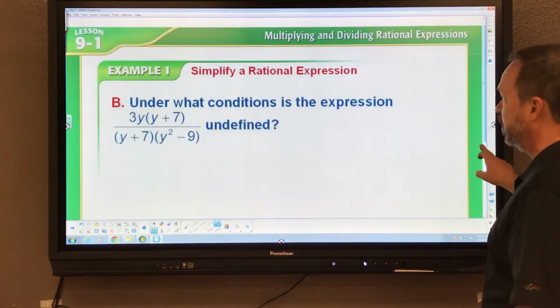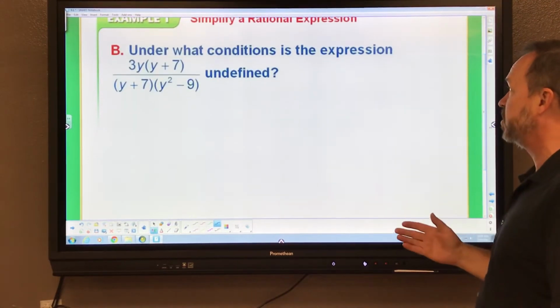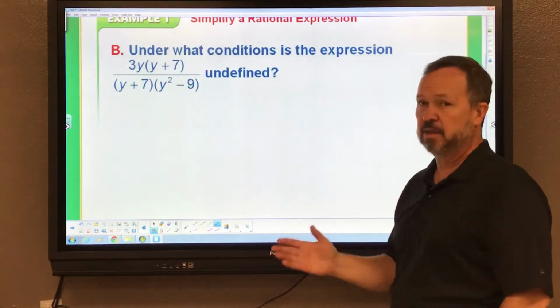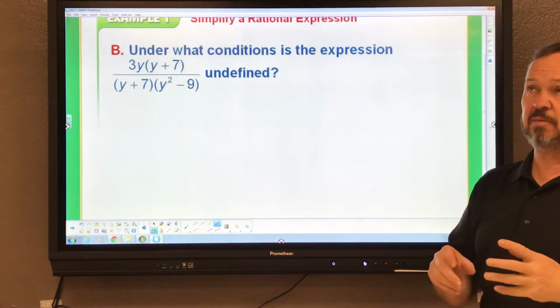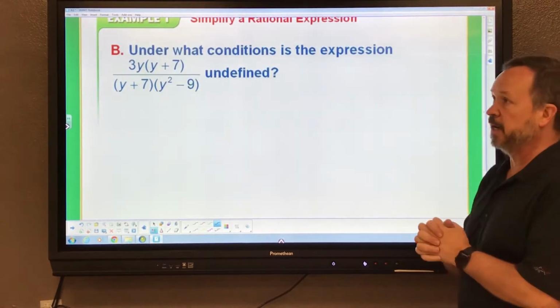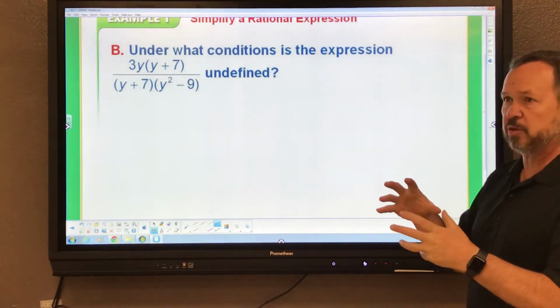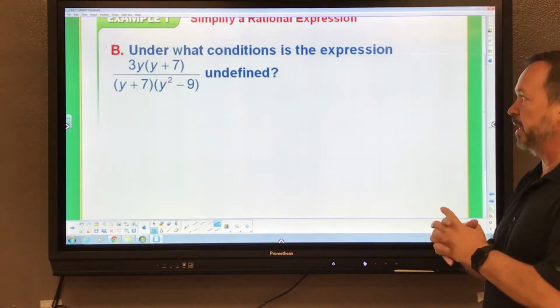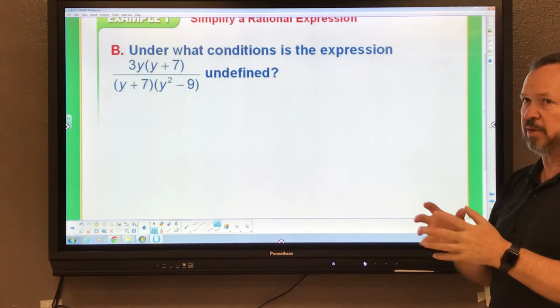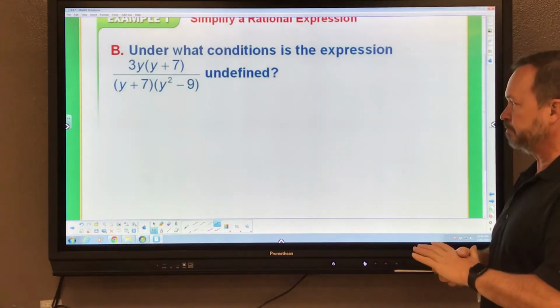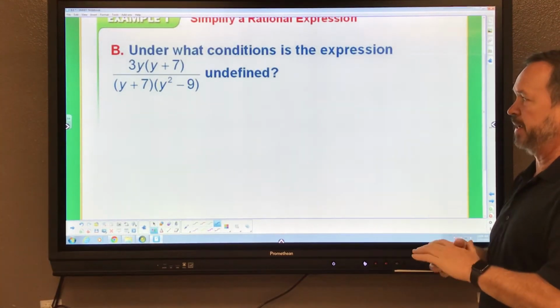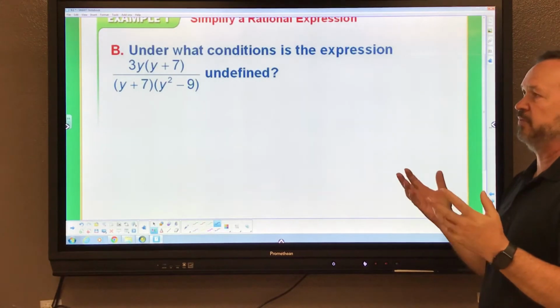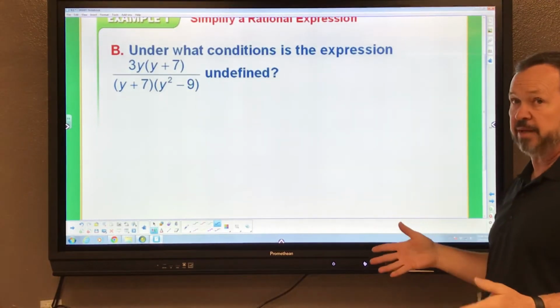Now this is a really good question. It says, under what conditions is the expression undefined? Again, we've talked about this, so a lot of this stuff is not new. They're just kind of pulling it together, and we're going to do some really cute algebra here in chapter 9. Really cute algebra. But we talked about what makes a fraction undefined, and that's when the denominator is 0.